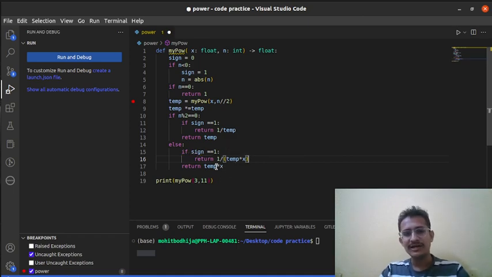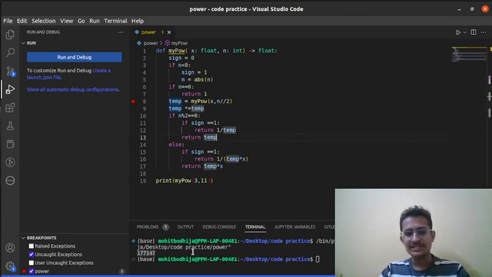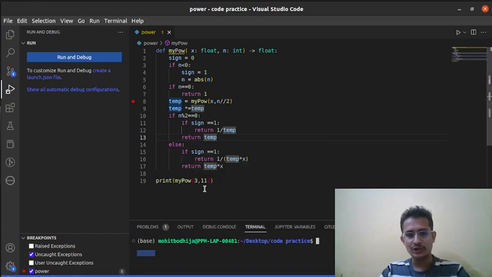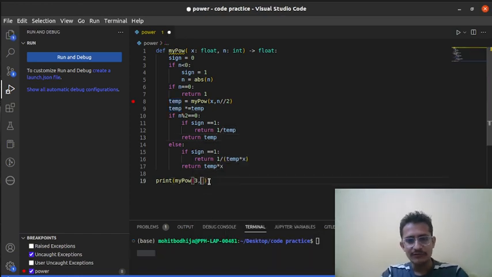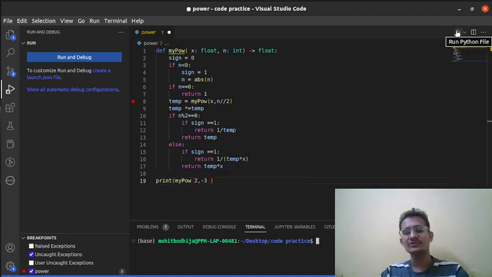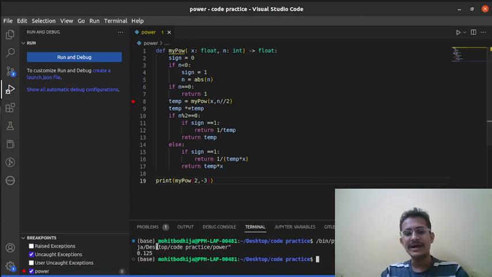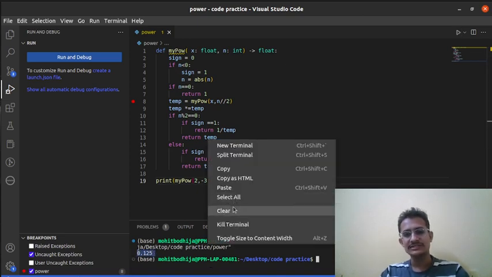Whatever value we were returning earlier, it will be 1 divided by that value. Suppose you want to find 2 to the power minus 3. We know 2 to the power 3 is 8, so it will be 1 by 8, and 1 by 8 will be 0.125. So this is clear.